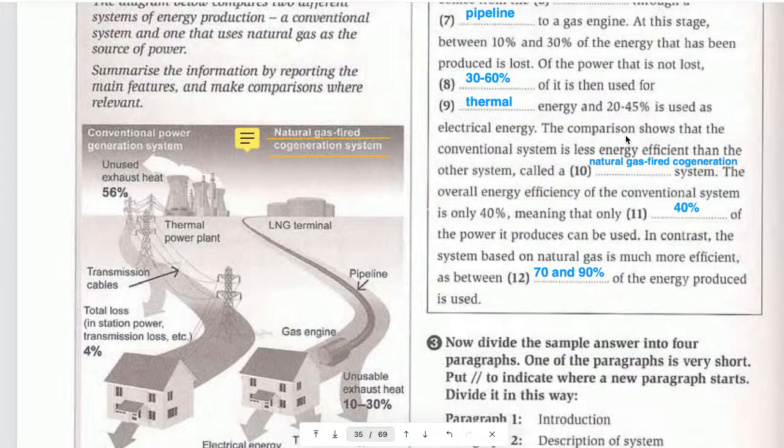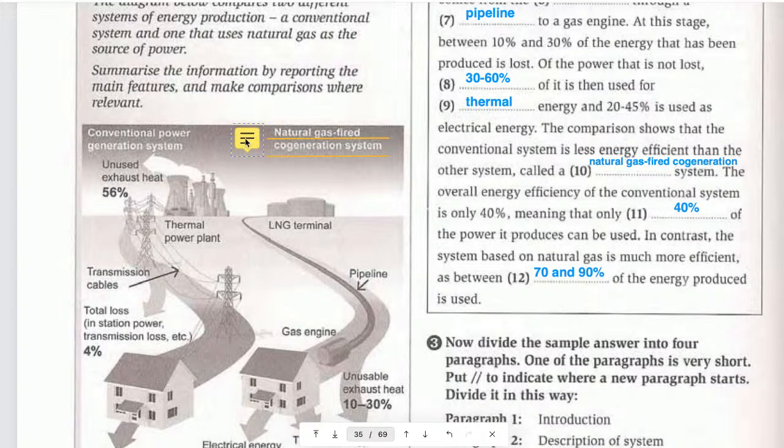Next one, the comparison. The comparison shows that the conventional system is less energy efficient than the other system called a natural gas-fired cogeneration system. Remember they say to summarize the information by reporting the main features and make comparisons where relevant.